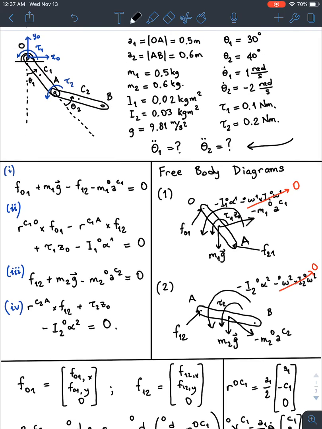Even though I didn't say it, it is. Gravity is in this direction.